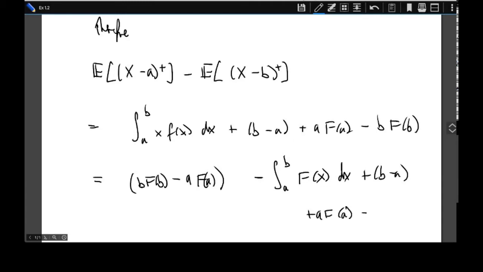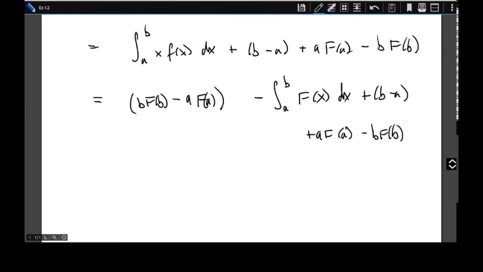So here, then, writing what we already had, cancellation of the terms on the left and the right leaves us with the solution that we wanted.